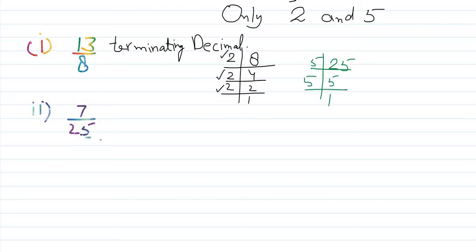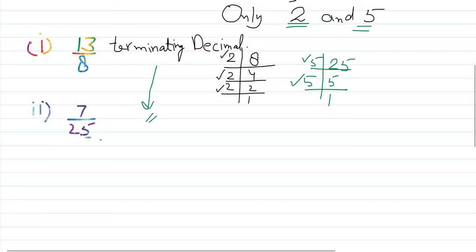All prime factors of 25 are 5. So if in the denominator there is a number that is 2 or 5, or a prime factor of 2 or 5, that is terminating. So this is also a terminating decimal.